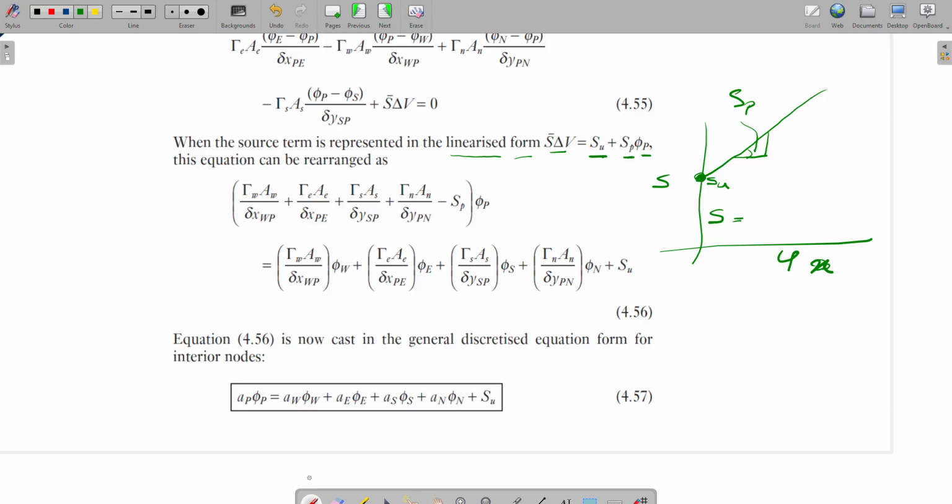This equation can be rearranged in the general form aP phi P equal aW phi W plus aE phi E plus aS phi S plus aN phi N plus SU. This is aP, aW, aE, aS, aN.